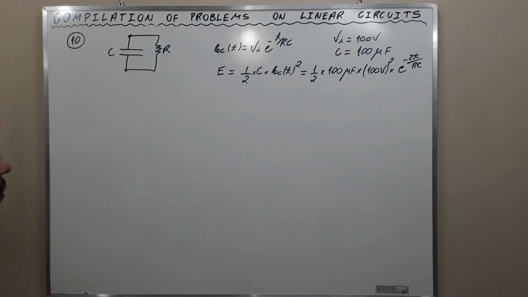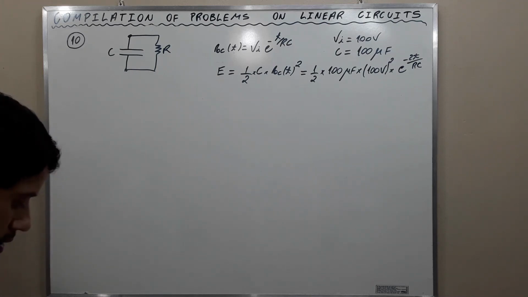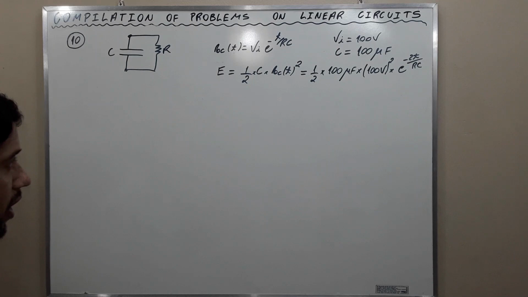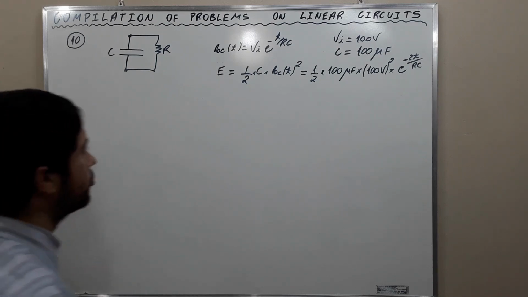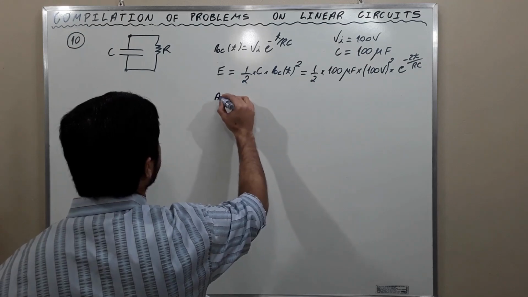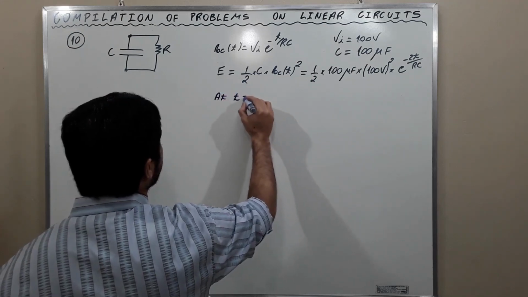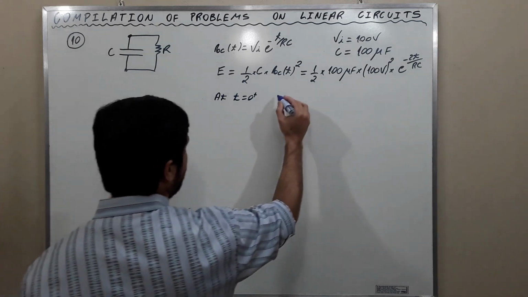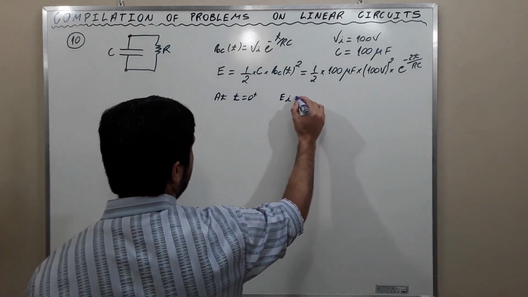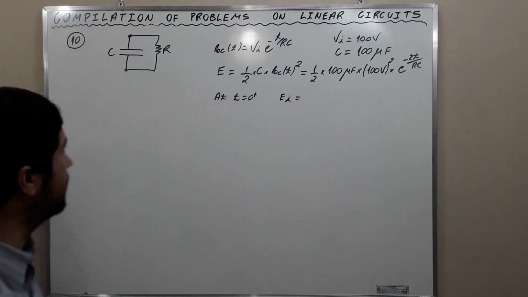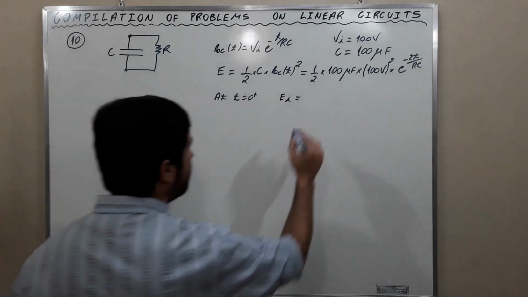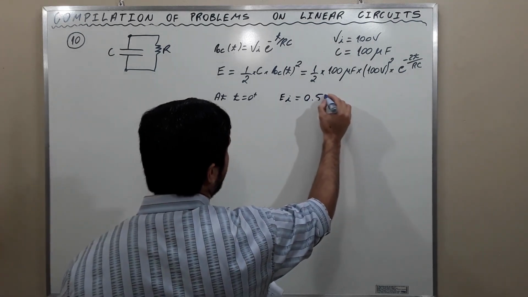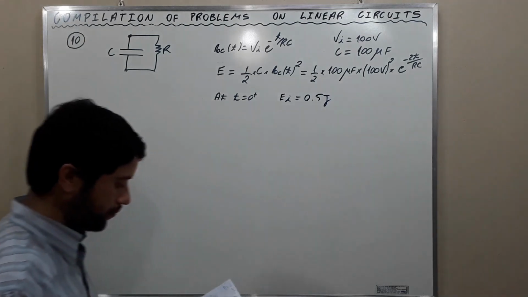And the initial value of this energy, okay, at t equal to 0, is equal to EI, the initial value of the energy, 0.5 joules.